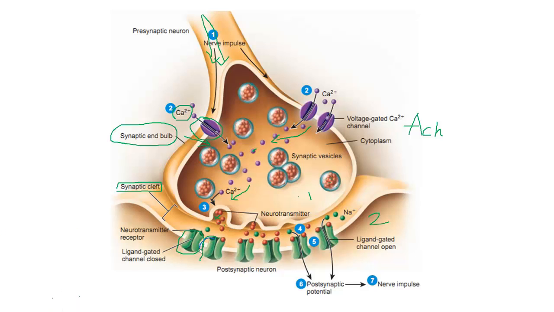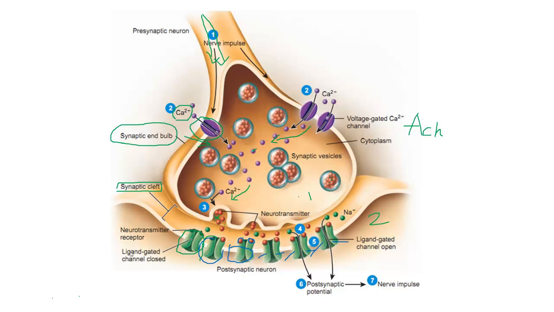These are sodium ion channels on the postsynaptic neuron, aka neuron 2. As soon as acetylcholine binds to the postsynaptic neuron, it is going to open up these sodium ion channels. Can everyone see how it's opening up the sodium ion channels right here?